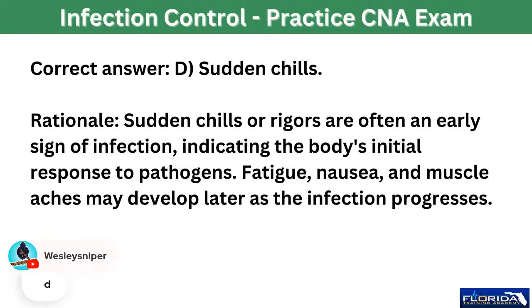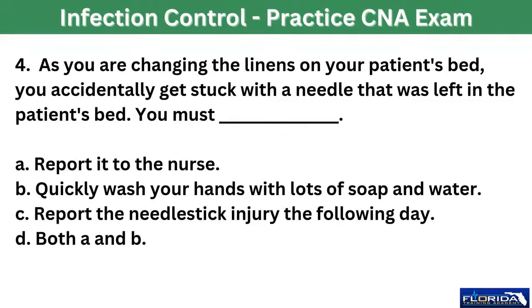Yes, sudden chills would be the correct response. The rationale is sudden chills or rigors are often an early sign of infection, indicating the body's initial response to pathogens. Fatigue, nausea, and muscle aches may develop later as the infection progresses. Let's go to the next one, team.